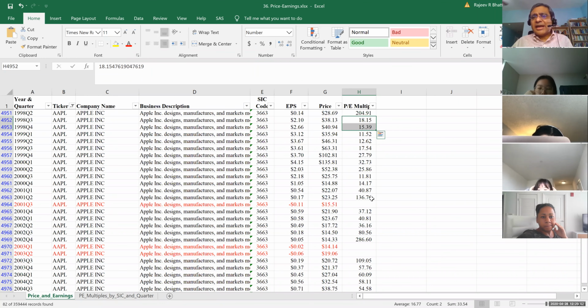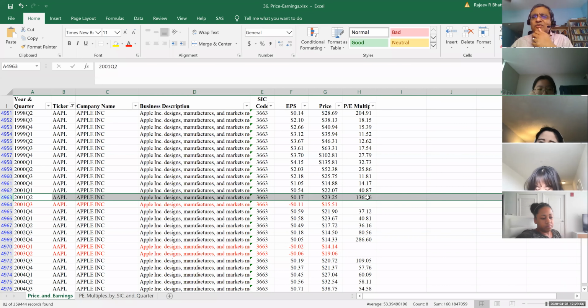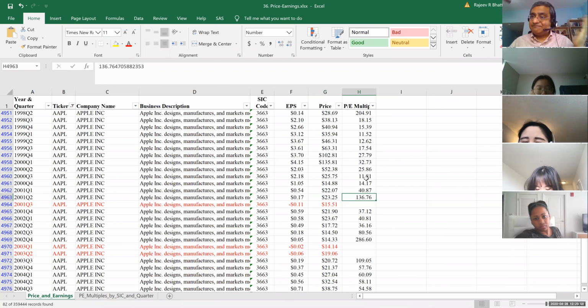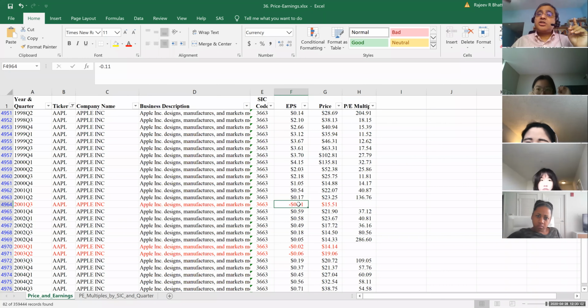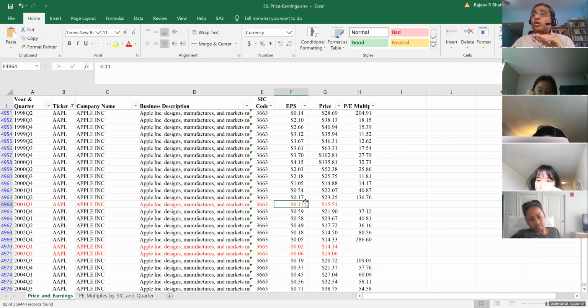The point to make, again, if you look at 2001 Q2, it also looks very inflated because it's just unusually low. Now in 2001 Q3, it actually had a negative earnings per share. And that's the 9/11 scenario, everything was different.